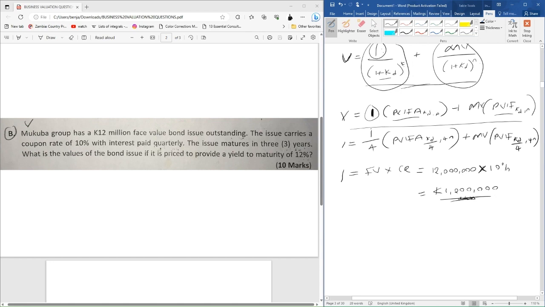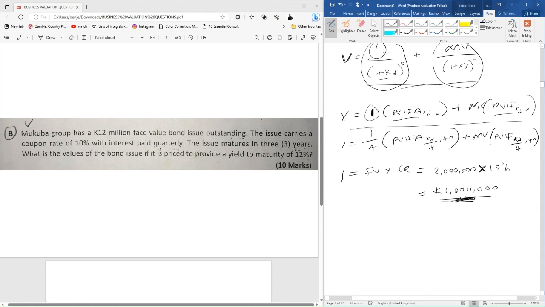Remember that our question here says that interest payments are to be paid quarterly. So we found our I, which is 1,200,000. We now need to find the payments of this 1,200,000 that are going to be made quarterly. This is a yearly payment, and we now need to convert it into a quarterly payment.